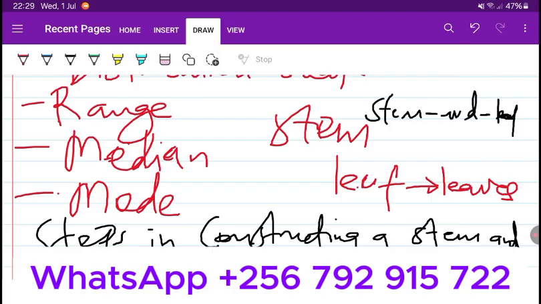Stems can be many, and a leaf is just one digit or one value. So the stems can be more than one, so it can be many digits depending on the data set that has been given to you, but a leaf is only one digit. So we take note of that. So let's look at the steps.